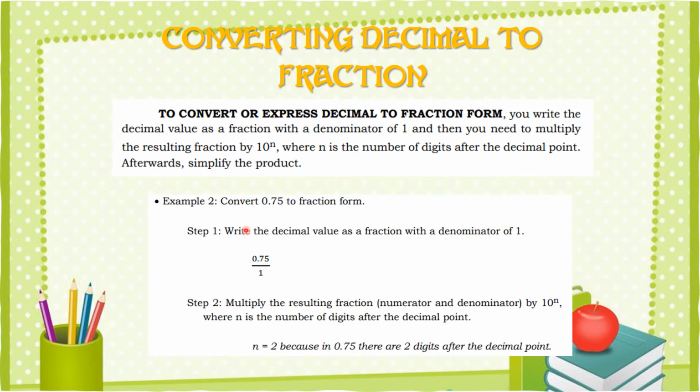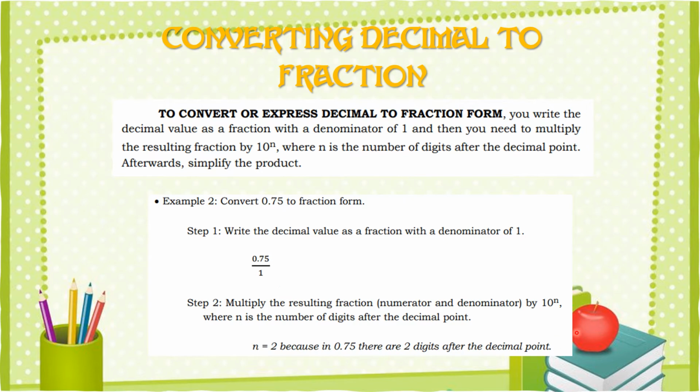Next example, we have here to convert 0.75 to fraction form. The same process. Let's write this as a fraction. The decimal number must be the numerator, and let's make 1 its denominator. So we have 0.75 over 1. Same process again.